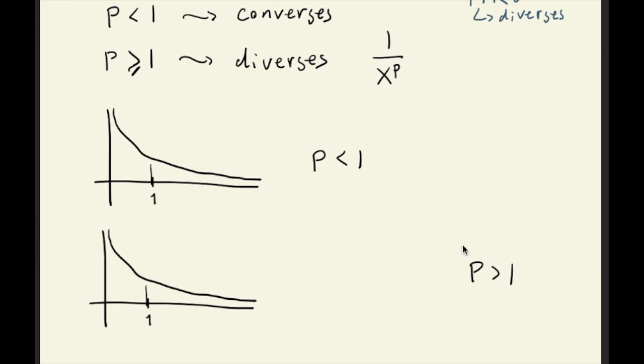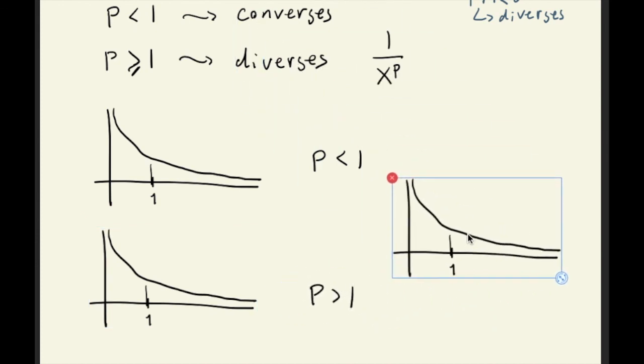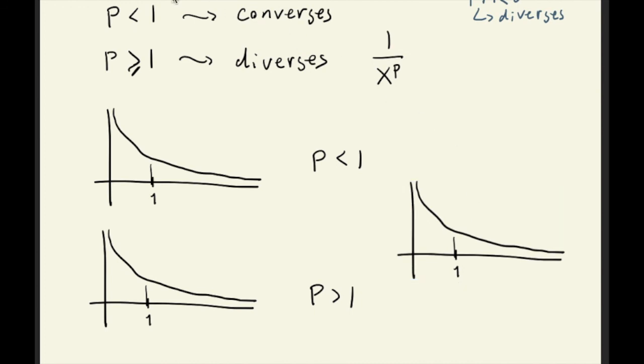This is going to be the p equals 1. All right. So these functions, 1 over x to the p, they all look like this, right? So that's the 1 right there.